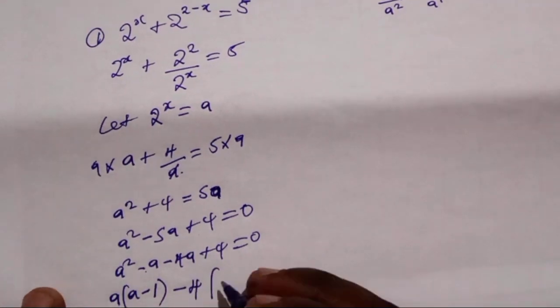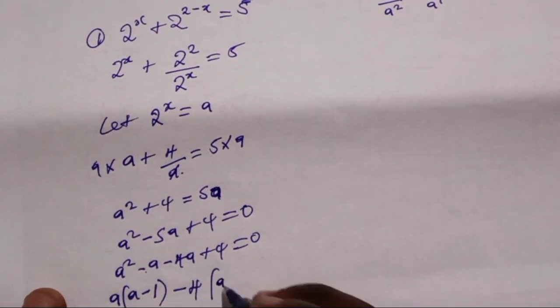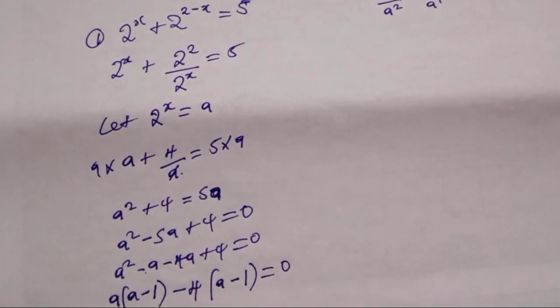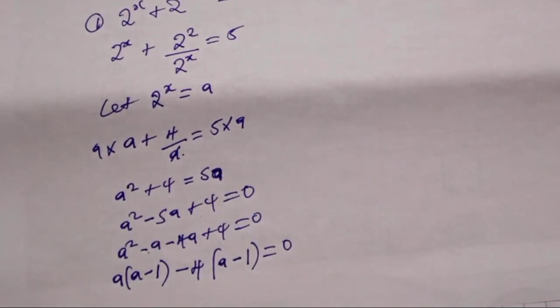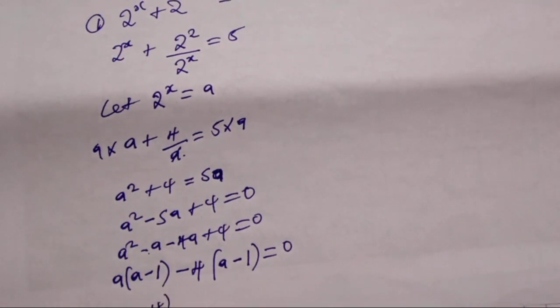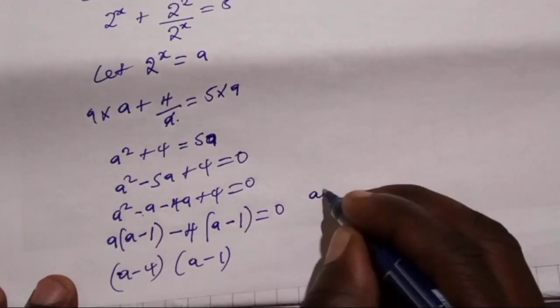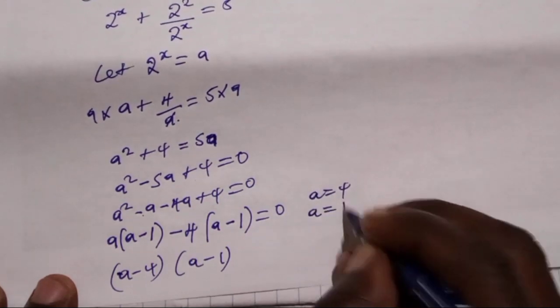Minus 4 into minus 4a, we remain with the a, and minus 4 into positive 4, we remain with minus 1, which equals 0. Because these two terms are equal, we pick only one of them: a minus 4 and a minus 1, and these values will be a equals 4 and a equals 1.